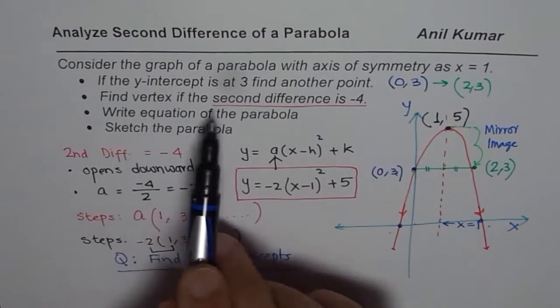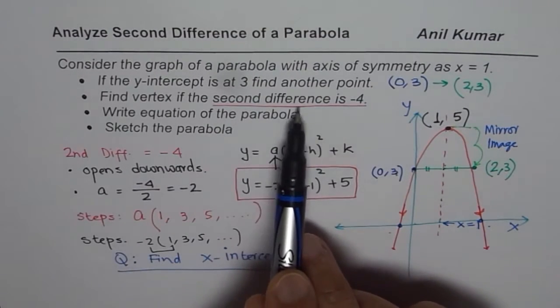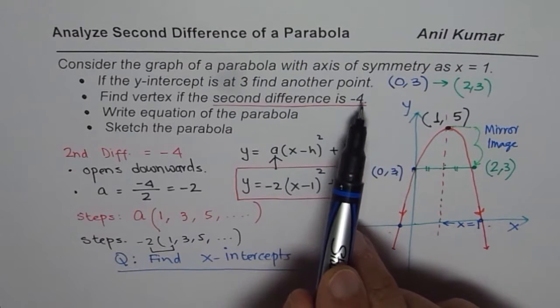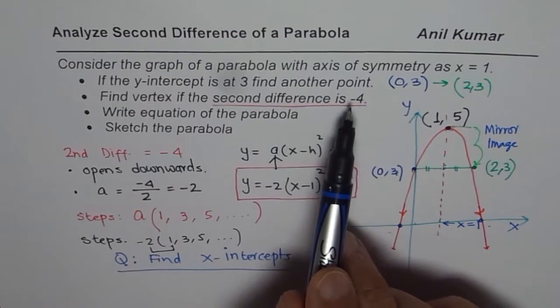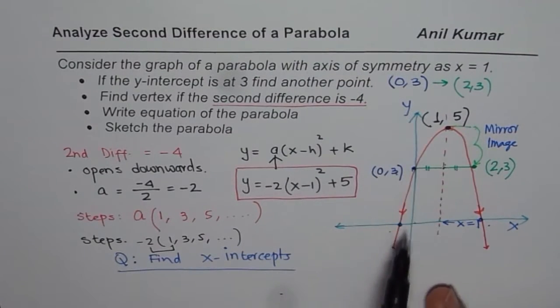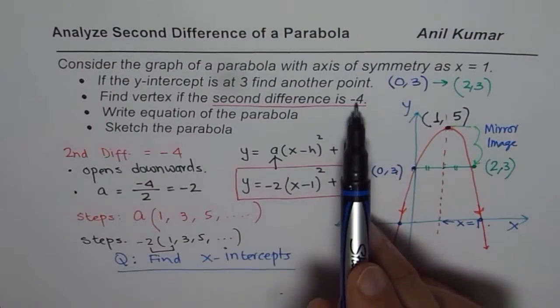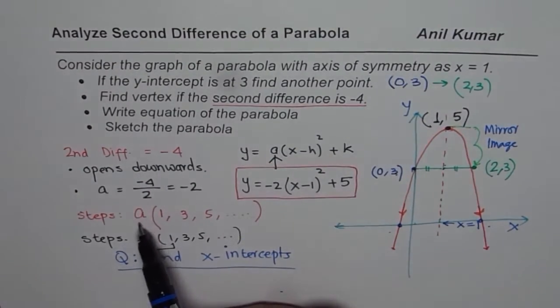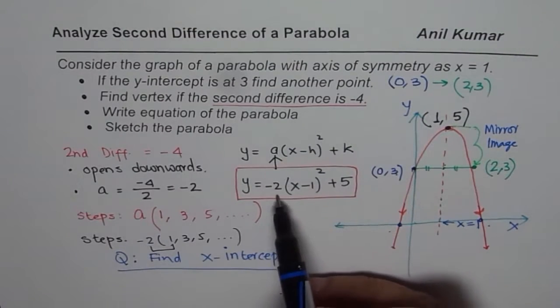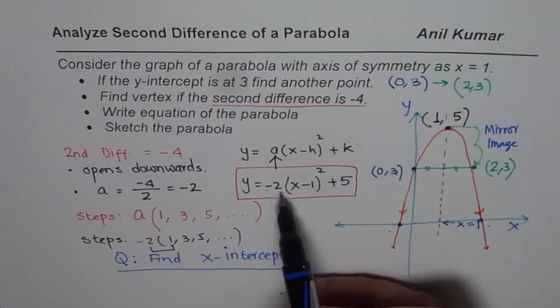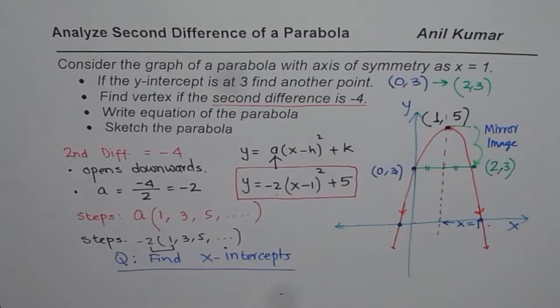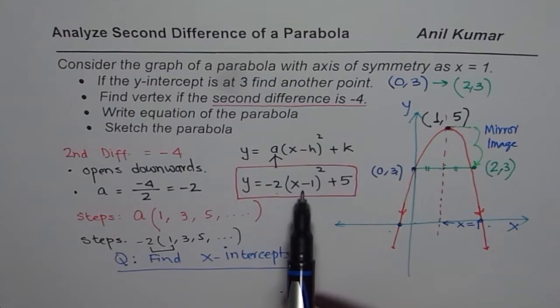Secondly, it was given to us that the second difference is minus 4. Minus indicates that the parabola will open downwards, so we made a parabola opening downwards through these 2 points, and 4 indicates the stretch factor a. Half of 4 gives us the value of a, and from there we calculated the vertex and wrote the equation in vertex form.